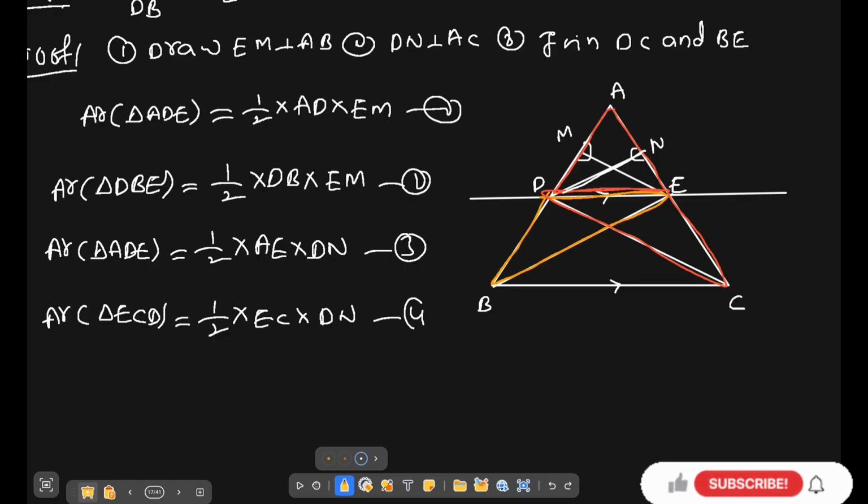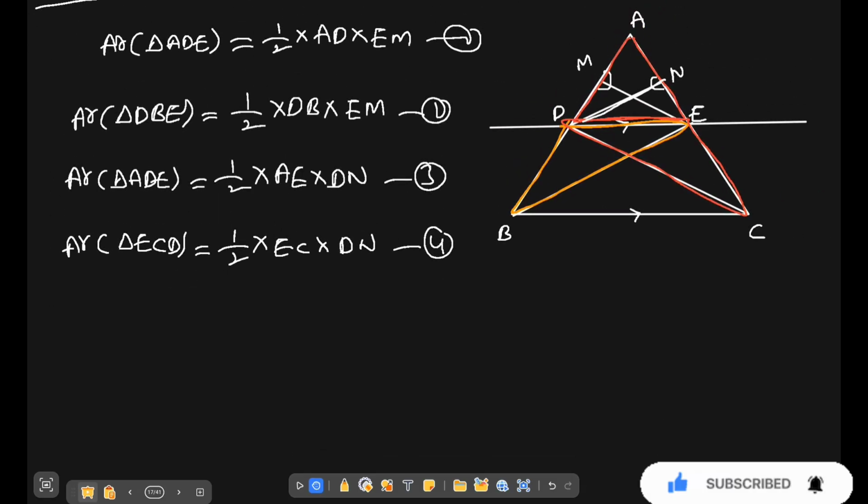Let this be equation 4. Now divide equation 1 by equation 2. So what do we get here?